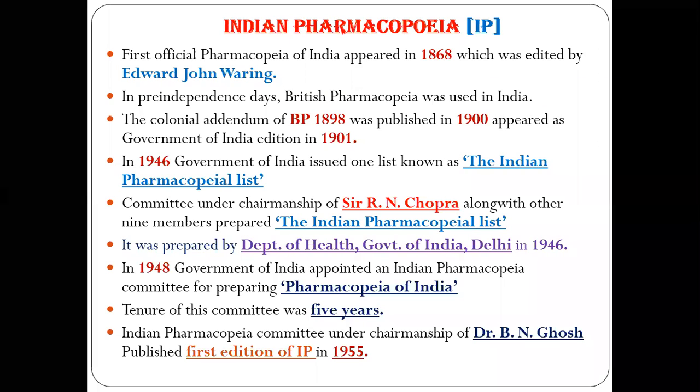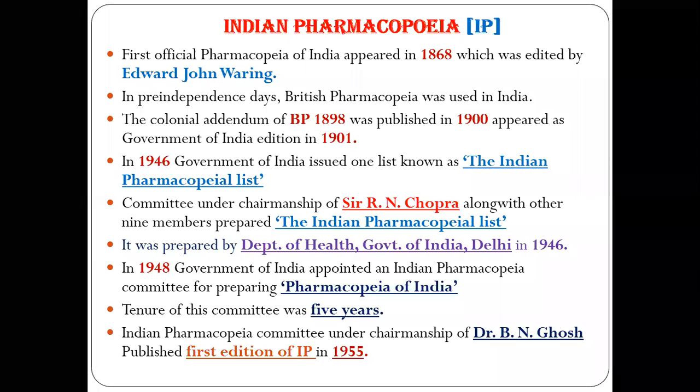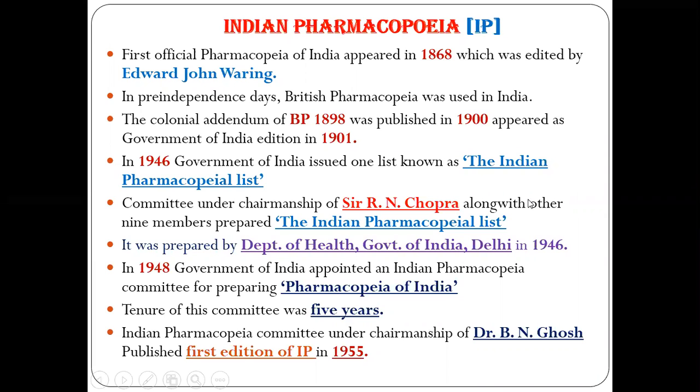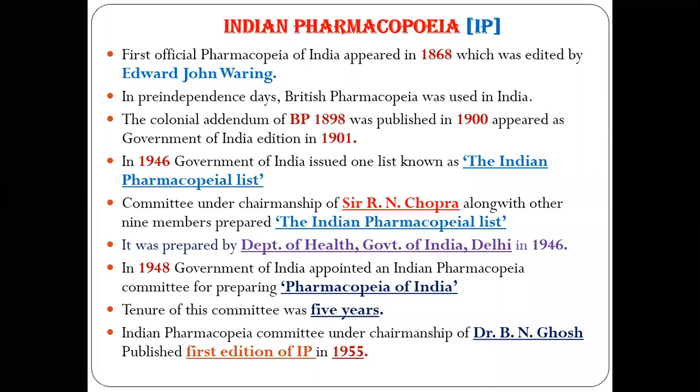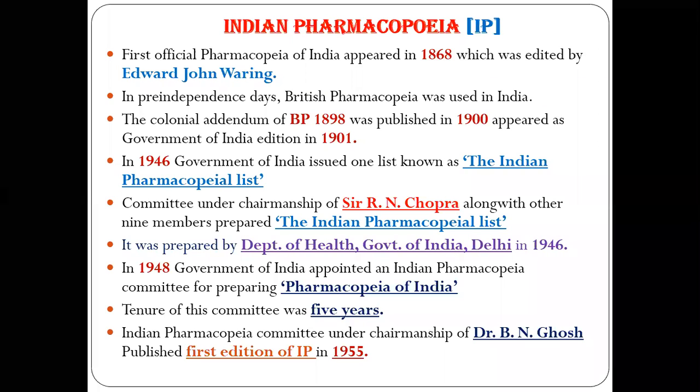So before independence, we had our Indian Pharmacopoeia, or our standard book of information of the drug, in 1868, and it was edited at that time by Edward John. Then in pre-independence days, the British Pharmacopoeia was used in India for reference purposes.